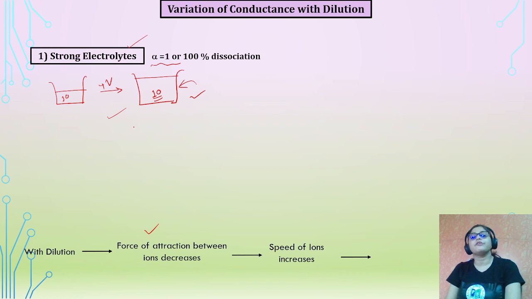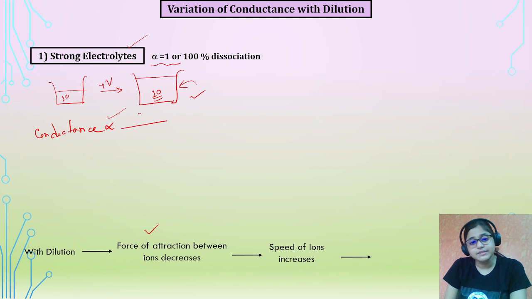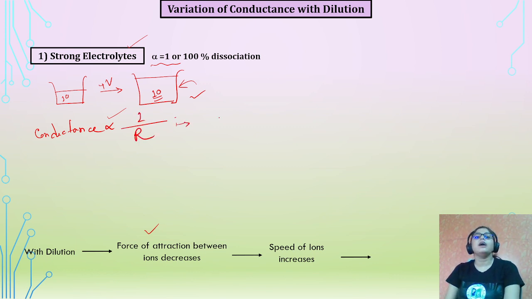But how does it affect conductance? Conductance is the opposite of resistance, 1 by R, which means it is the ease of carrying electricity, or the movement of electricity.